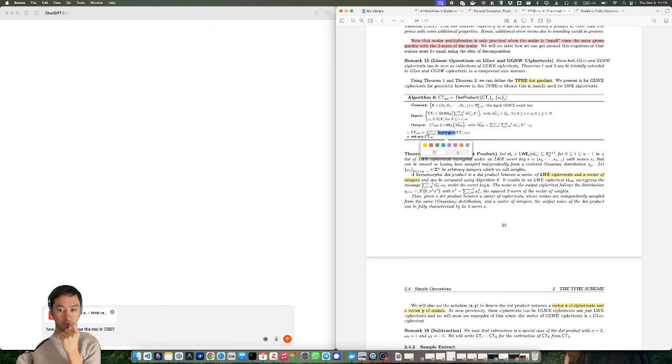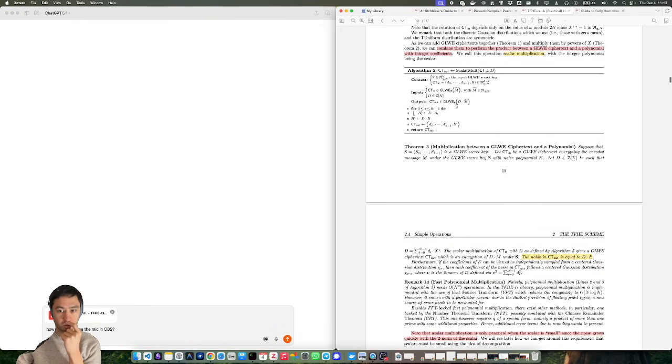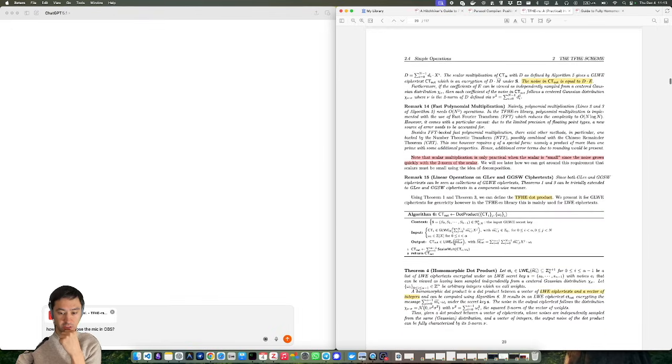So scalar modes of a GLWE, and CX gives you a GLWE, right? And so an additional GLWE should give you a GLWE.